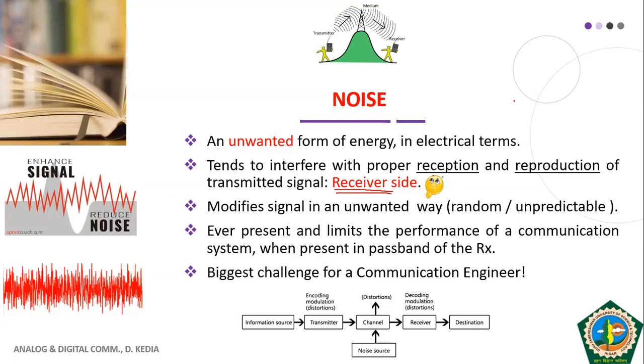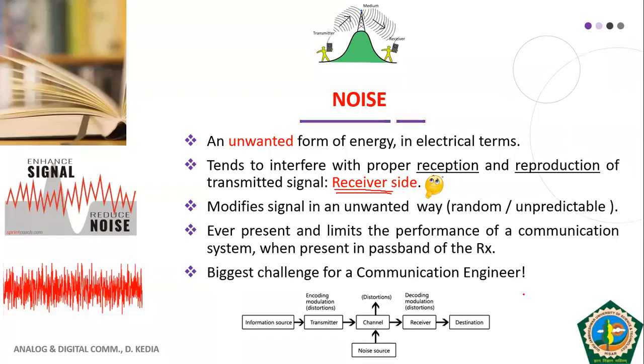You all know that in any communication system, we have a transmitter and a receiver. Since we transmit from the transmitter, the transmitted signal is in our hands. You can say the transmitted signal is the original signal. And noise enters into our communication system when our signal is launched into the channel, or the medium.